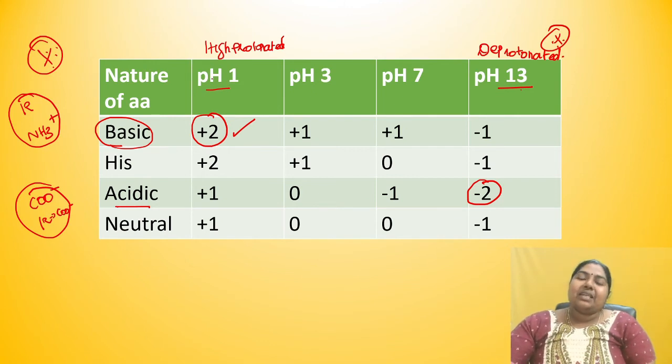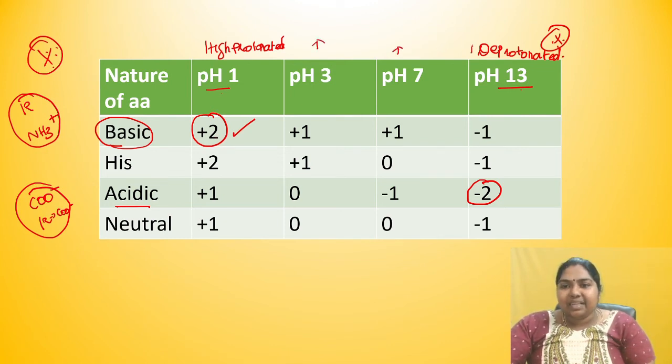At low pH, it is going to be +2. Now I am increasing the pH. If I keep on increasing the pH, it is going to lead to deprotonation. So this is my first deprotonation, and from +2 it becomes +1. Next, there is no change for this group, so it is again only +1.